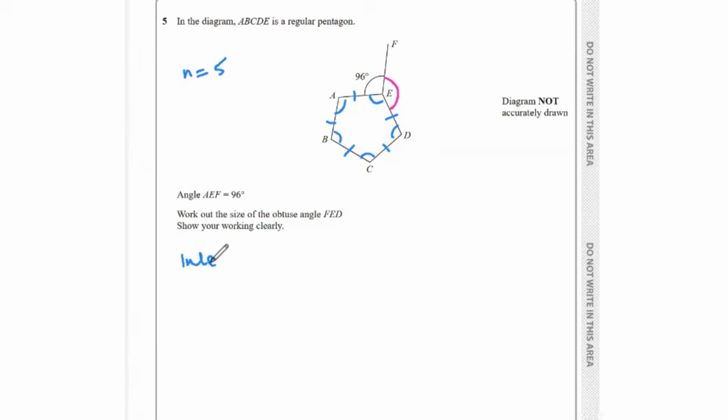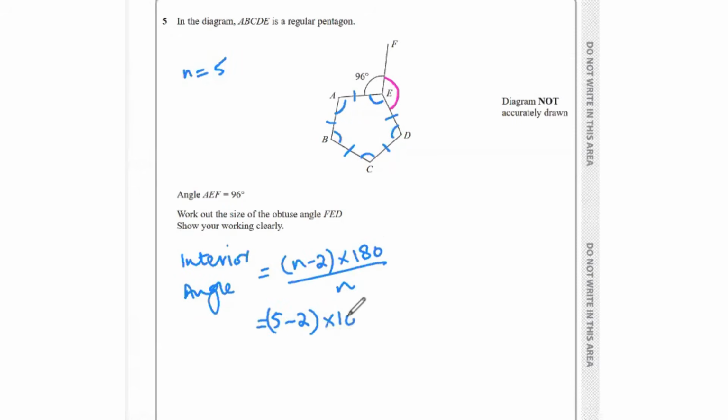Interior angle formula is n minus 2 times 180 over n. So that's 5 minus 2 times 180 over 5. And that is going to give us 108 degrees. So this angle is 108.